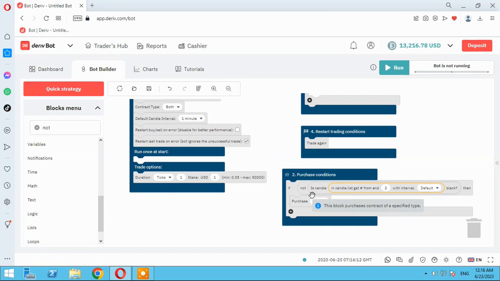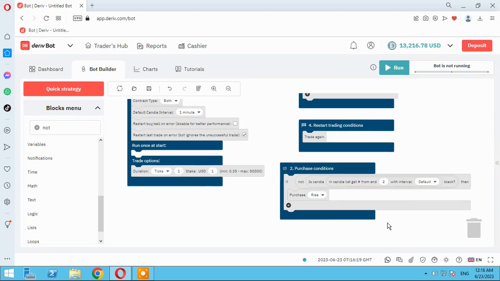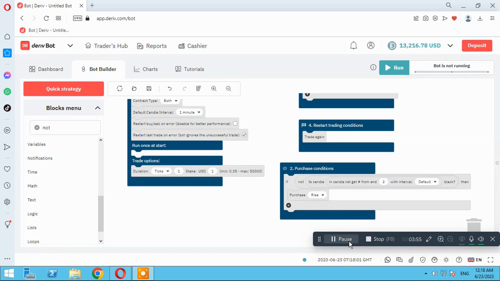So in this method, or in this strategy, we need some virtual loss. It means we don't have to trade if it came rise, and if after a green candle, if the last candle or candle number 2 was green and this candle, meaning candle number 1, is red, purchase rise.